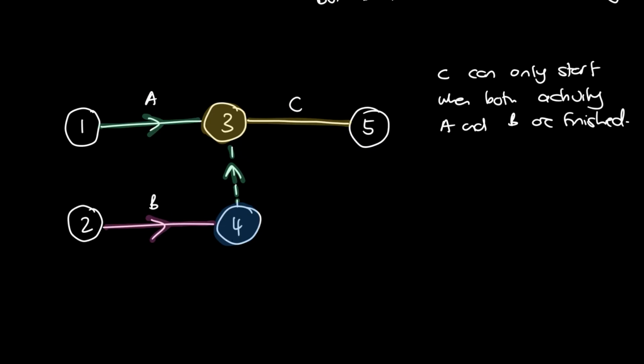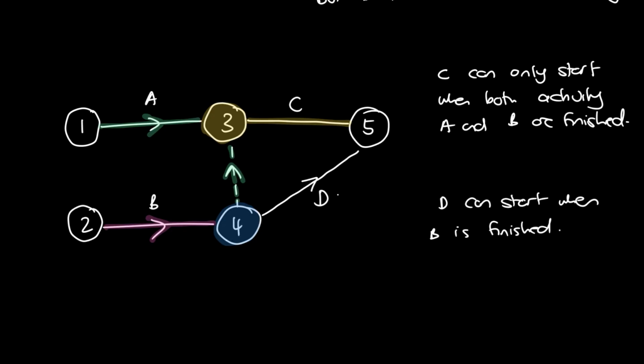so C here can only start when A and B are finished. Okay, so let's make this a little bit more complicated now, just so you can notice the difference between the two of them. If I had to add another activity and put it through like this and label it D. Now, activity D can start when B is finished.